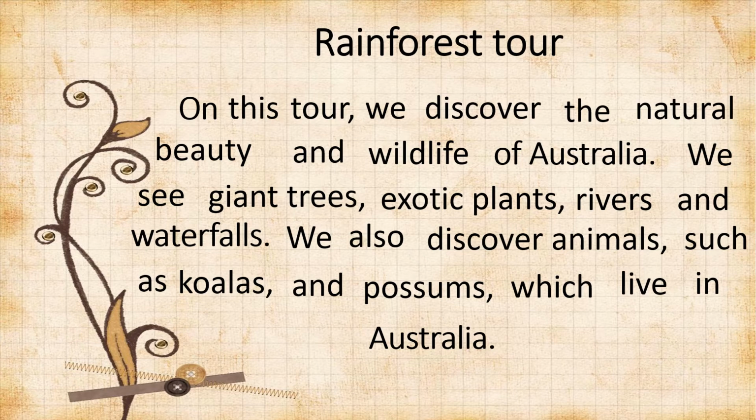If you're going to have a tour in Australia, what are you going to see? You can see giant trees, exotic plants, rivers, and waterfalls. So Australia is very rich in natural beauty and wildlife. Wildlife means it talks about the animals.